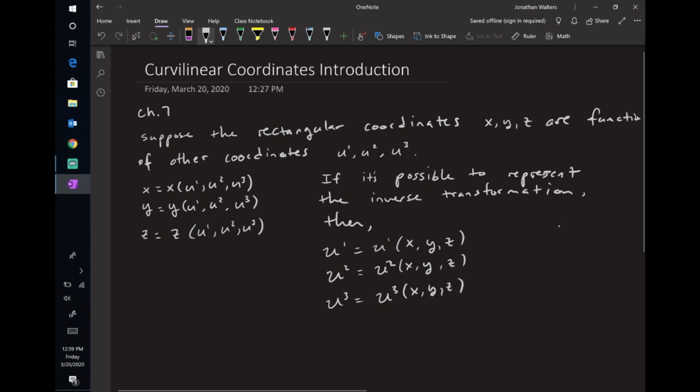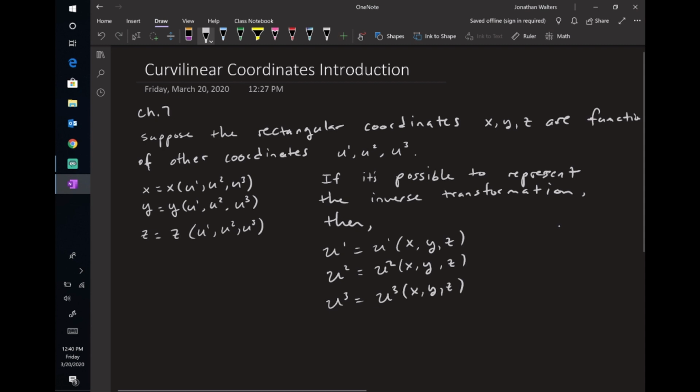So that's like saying, for spherical coordinates, x is equal to rho cosine theta sine phi. Y is equal to rho sine theta sine phi. So your x, y, and z are your Cartesian coordinates, and rho, theta, phi are your spherical coordinates. Well, there's a way to say rho, that could be like u1, rho would be equal to the square root of x squared plus y squared plus z squared.